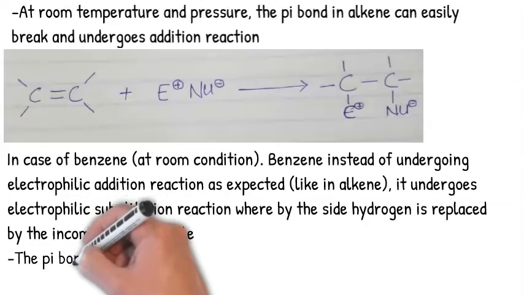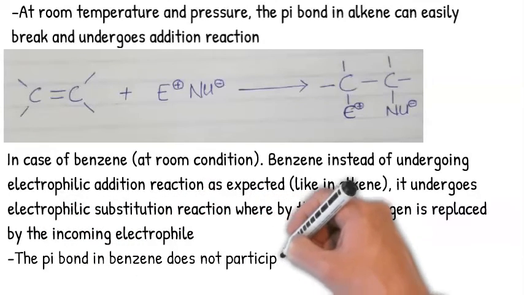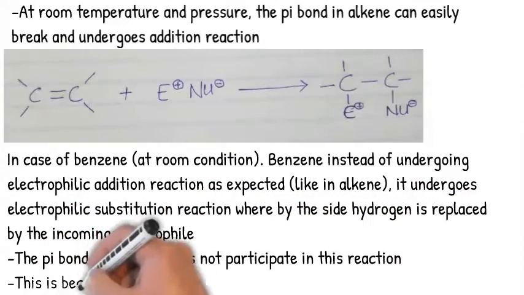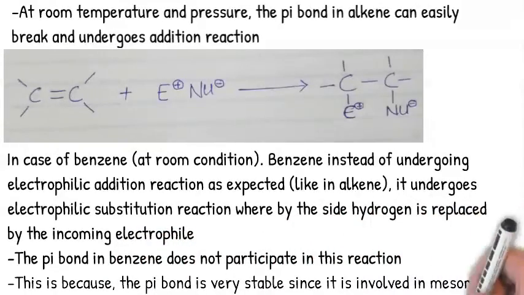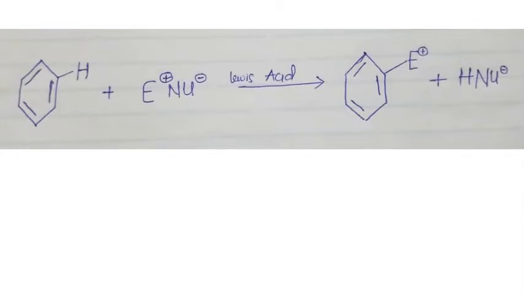The pi bond in benzene does not participate in this reaction. This is because the pi bond is very stable since it is involved in mesomerism. This reaction between benzene and electrophile shows that benzene undergoes electrophilic substitution reaction instead of electrophilic addition reaction.